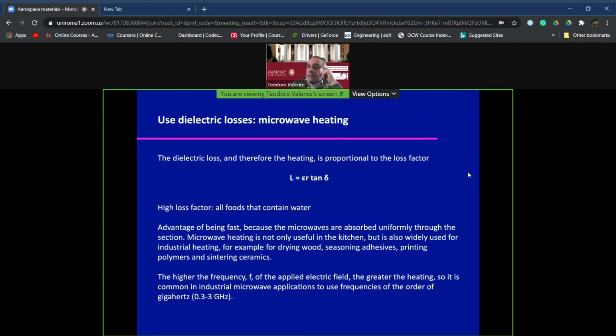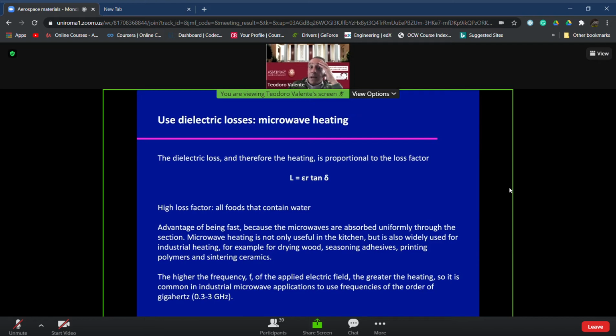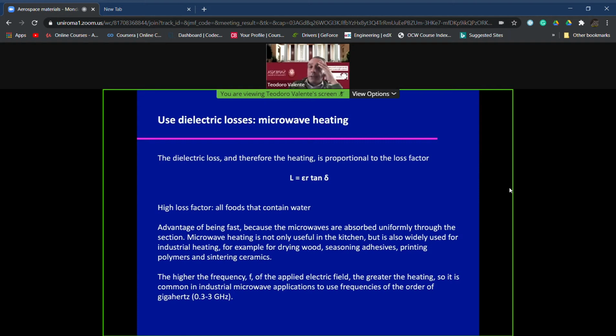Let's go on. Another example. Somebody of you already knows, but just to remind, the dielectric losses are used outside our field in microwave heating, because all foods that contain water have a high loss factor, defined as we have defined before. And so we can have a very fast method by using the microwave in our house, absorbed uniformly through the section.